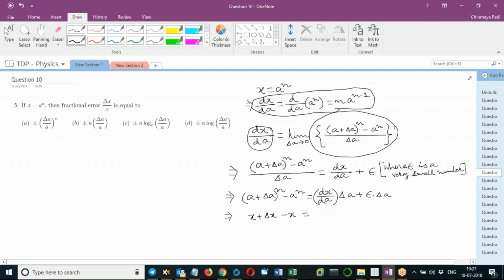Now we know from the law of occurrence of error, both positive error and negative error can come with equal probability.